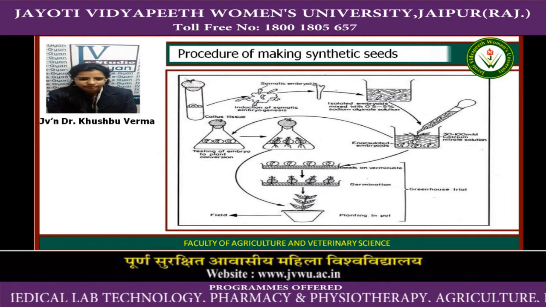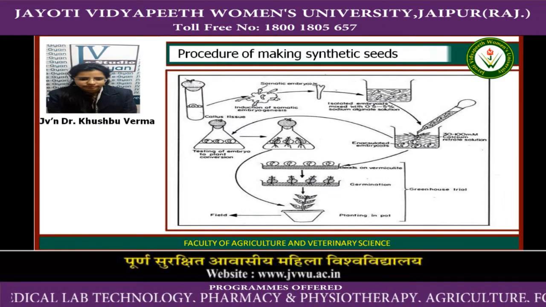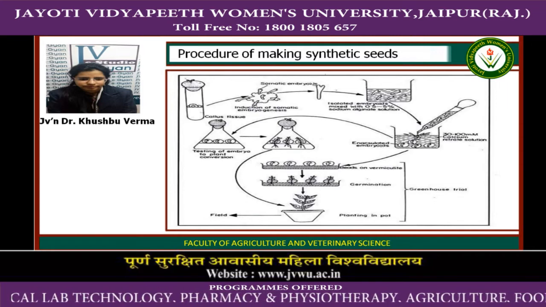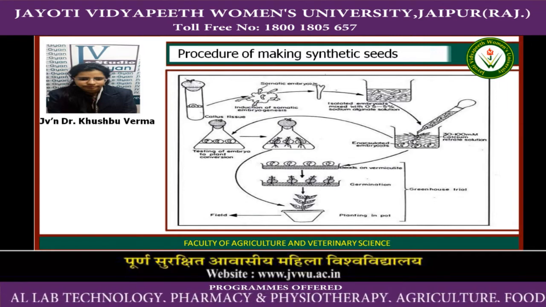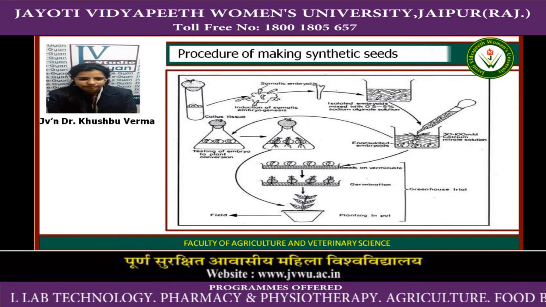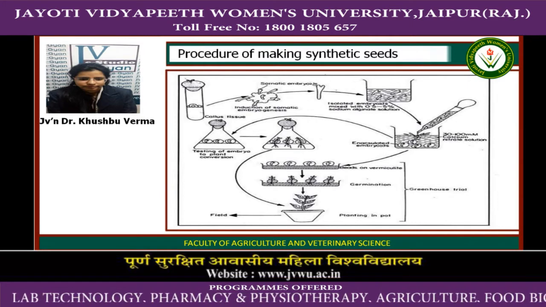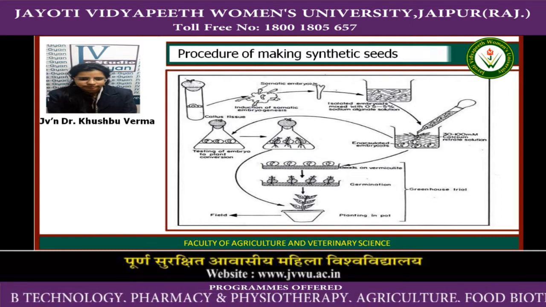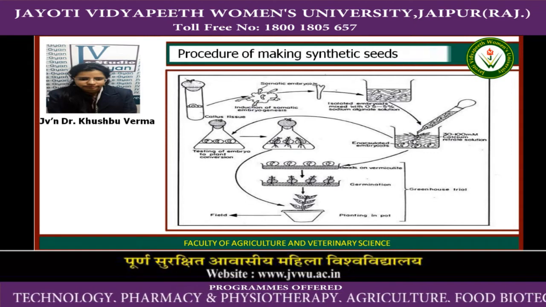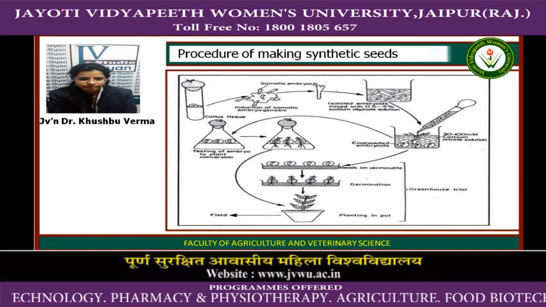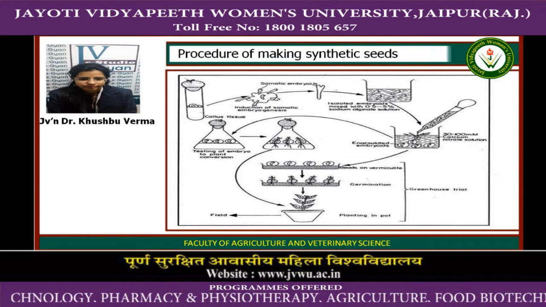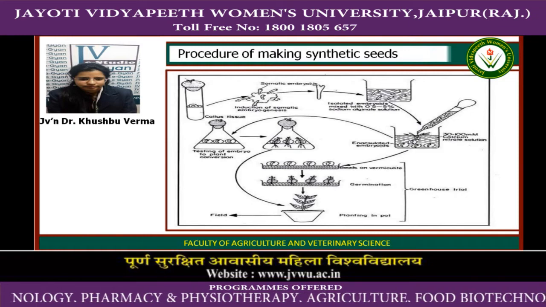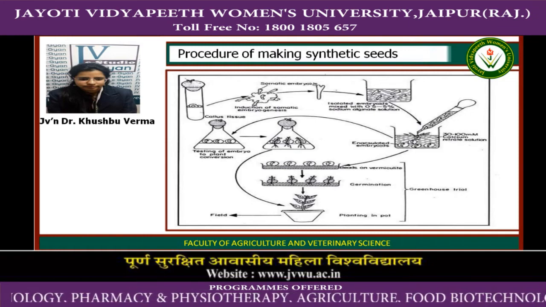After that we will take it into a dropper and release it drop by drop into 300 to 1000 millimolar calcium nitrate solution, and we will encapsulate the embryos in this solution, because in this encapsulation they will have the calcium alginate coating. After the encapsulation of the embryo, we can use them in plant tissue culture techniques, and we can transfer them to the greenhouse trial.